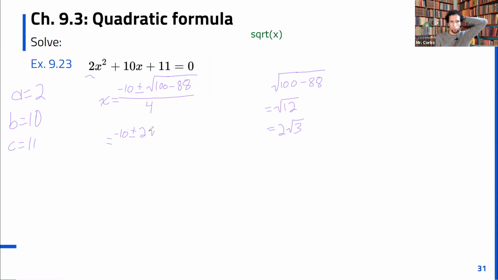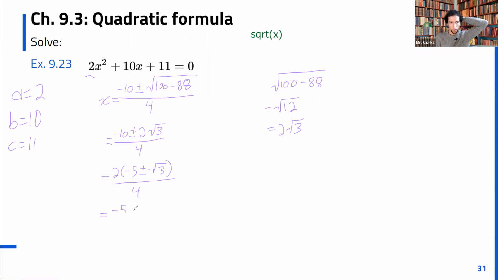So 2 root 3 over 4. We can see we have a common factor of 2 on the top. 2 times -5 plus minus root 3, over 4, and then just reduce.